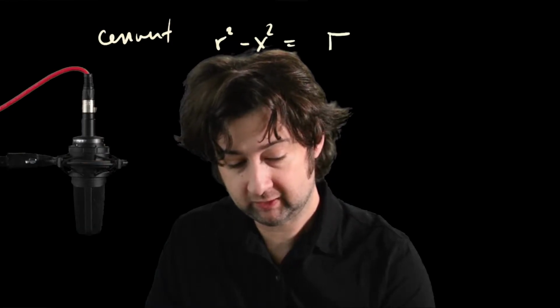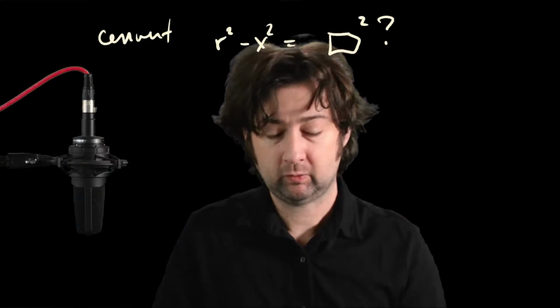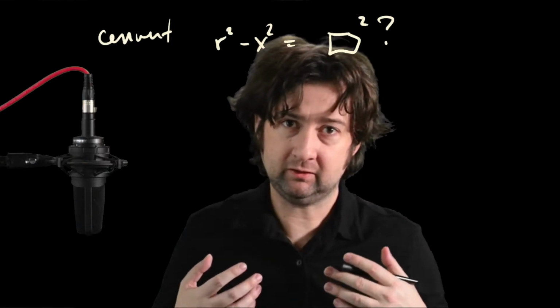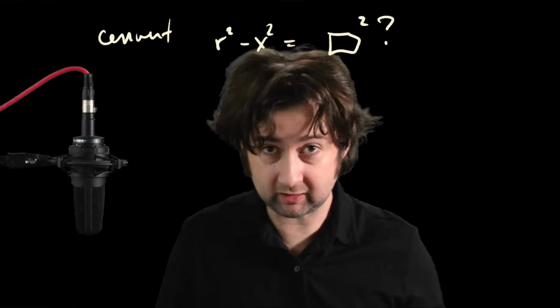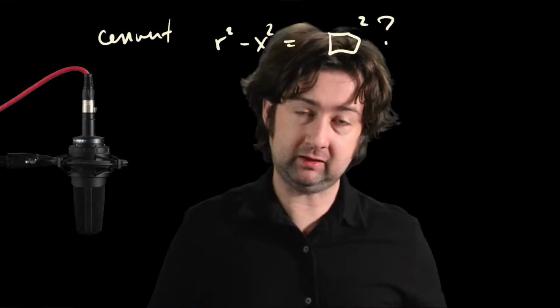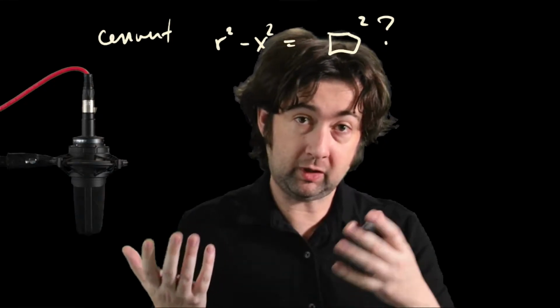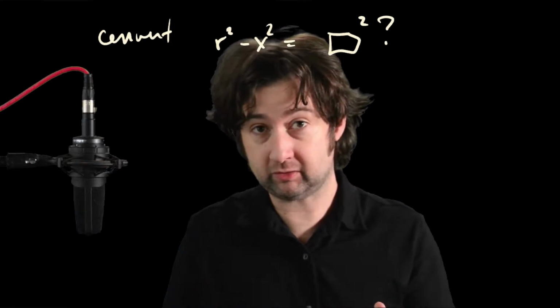So how could I convert r squared minus x squared into something squared? Well, if that x was actually not an x, but instead it was a sine, we could use the Pythagorean identity. So if that x was a sine instead of an x, then we would have a sine squared, and we could do 1 minus the sine squared is equal to the cosine squared.